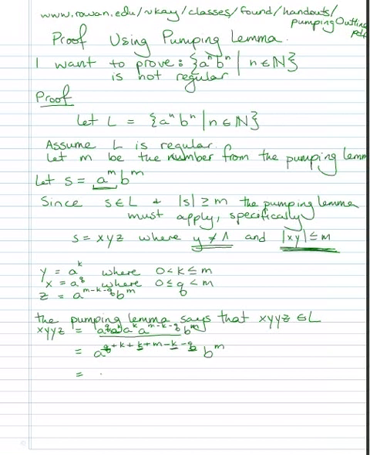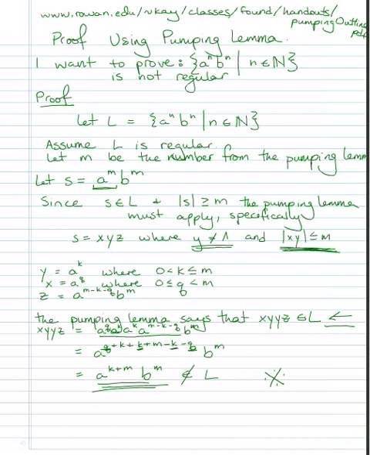So we end up with a^(K+M) b^M. But hang on, a^(K+M) b^M is not an element of L. But it has to be an element of L because it's XYYZ, and the pumping lemma says it has to be. But it's not, but it has to be, but it's not. So we have a contradiction.